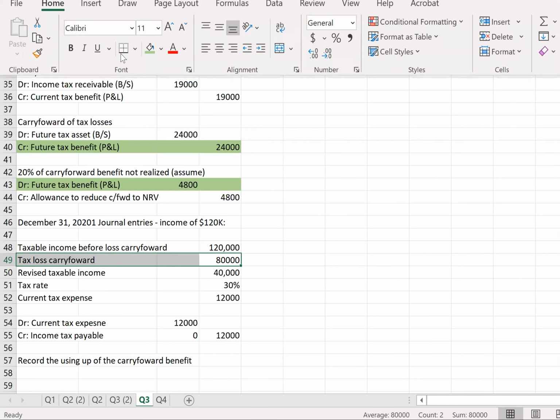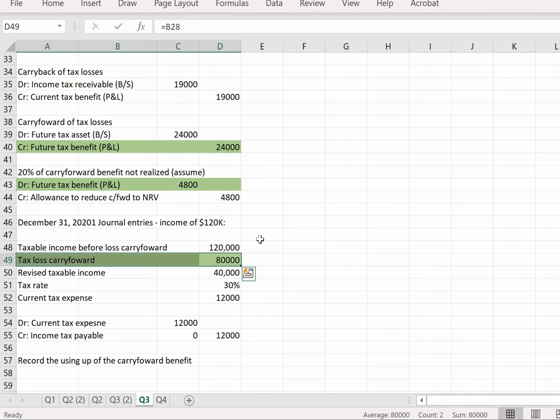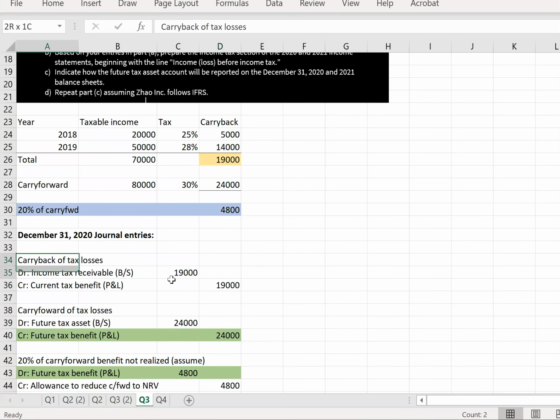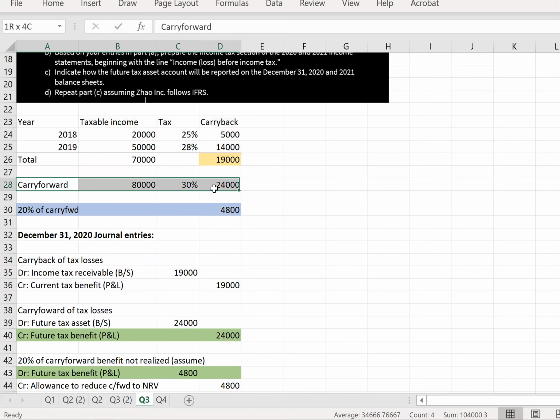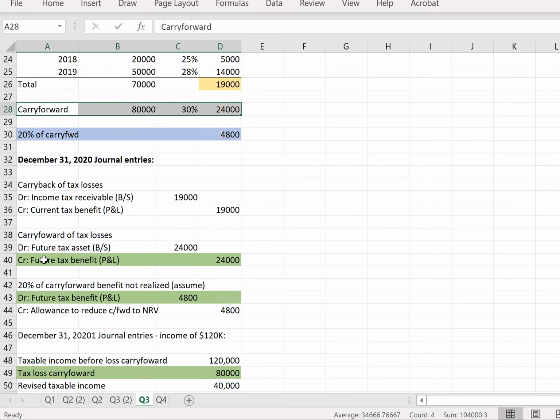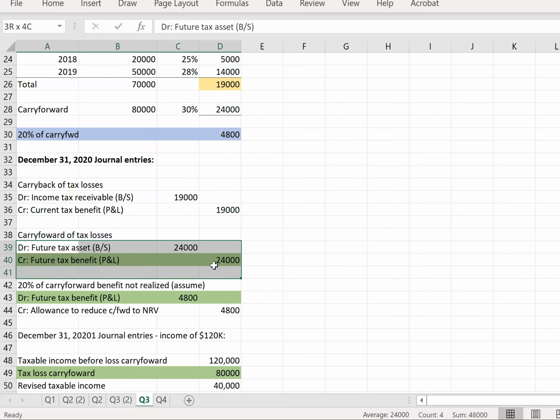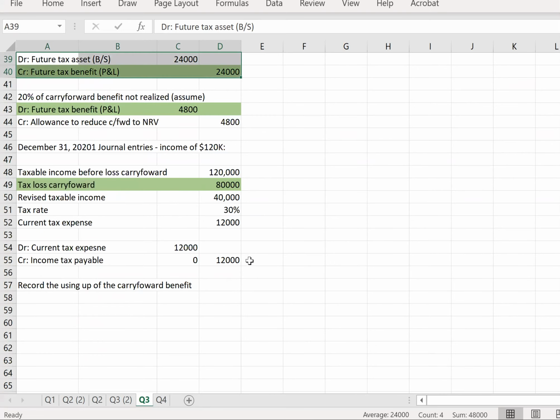We didn't change what we had carried back because we've already filed an income tax refund. If we go up to the top, we already filed an income tax refund for what we carried backwards. But what we carried forward here, we've used up now. And previously we had recorded a future tax asset related to that carry forward benefit. We don't have that benefit anymore because we've applied it against 2021's income. So we need to record the using up of that asset.